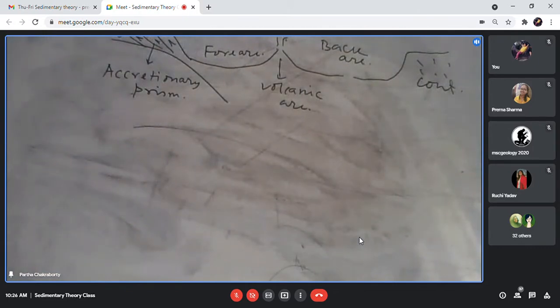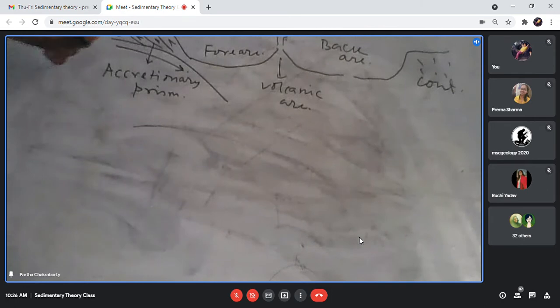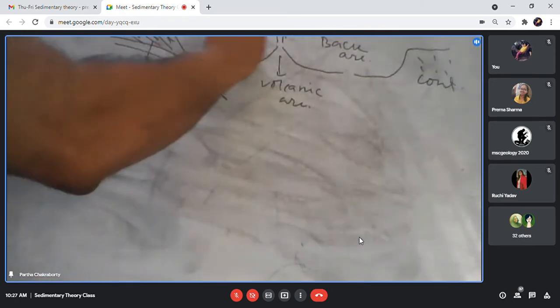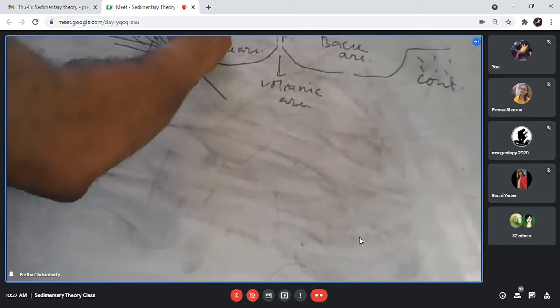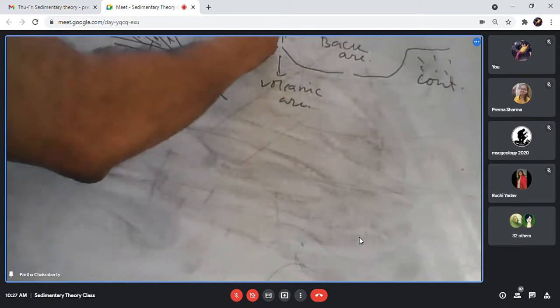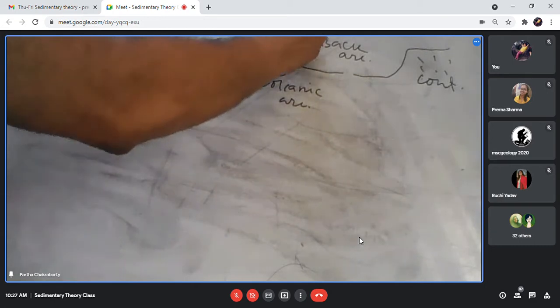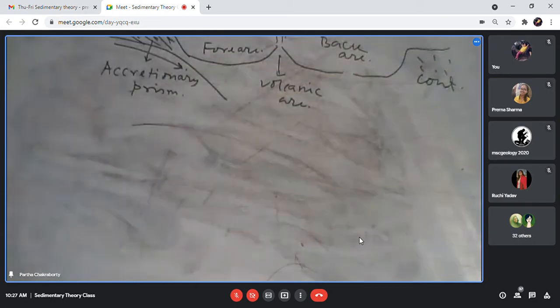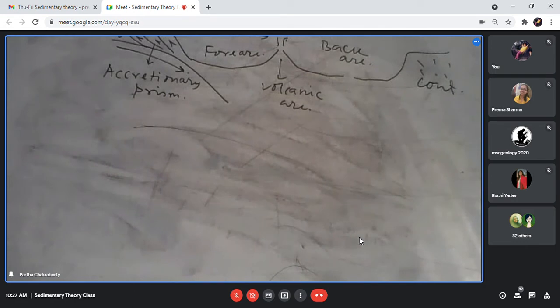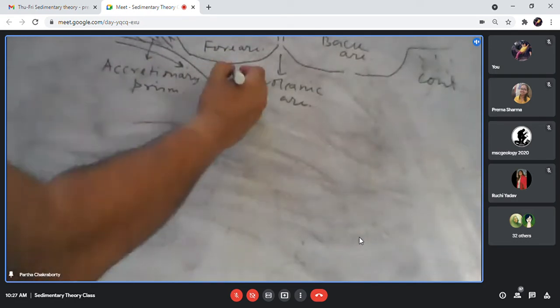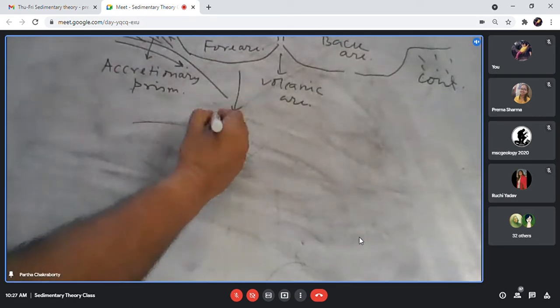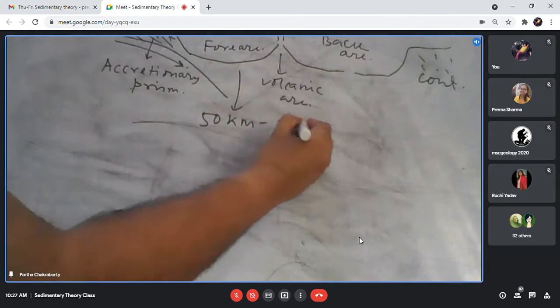So this is a very simplistic diagram of a subduction margin. This is the plate which is downgoing, and this is the overriding plate. This is what we call the arc trench gap. Now this arc trench gap may vary from 50 kilometer to 200 kilometer.